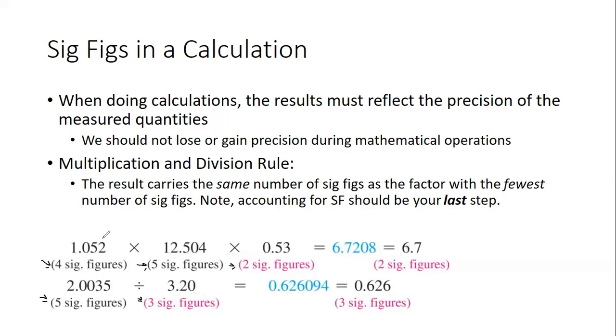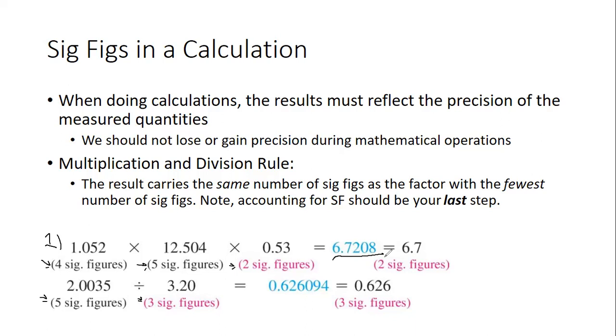In my first example, we have 3 numbers being multiplied, and you can get your answer to many decimals, but the very last thing you do before you report your number is make sure it has the correct number of sig figs.